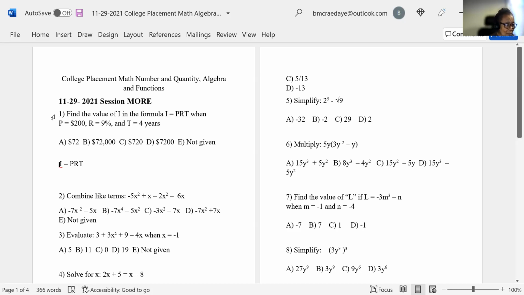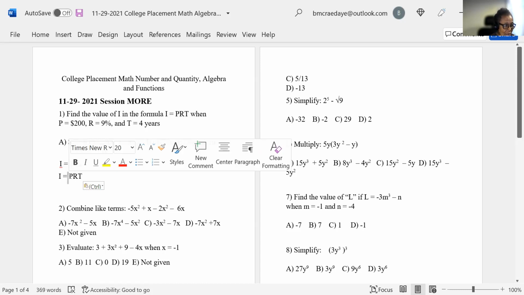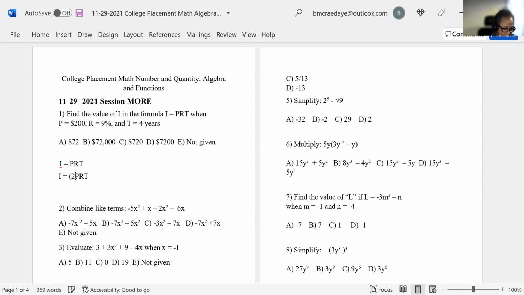So to calculate I, we have to substitute P, R, and T. So what is P, Maureen? P is 200. Okay, so let's copy this and put the values in. So the principal is $200. That's our P. What is the R? 9%. And how do we express that? 0.09.